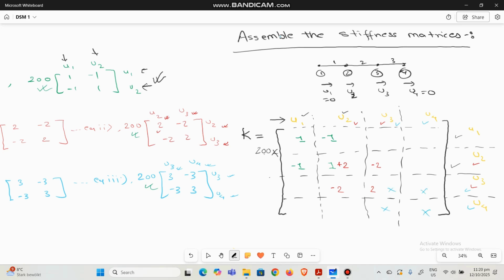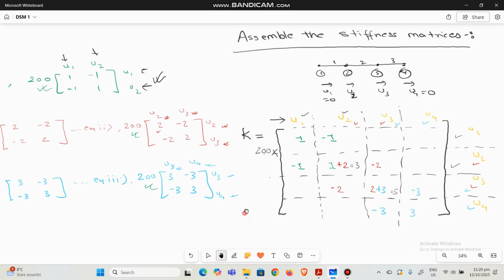Okay, so we just fill up these spaces as they are in their order, like 3 comes here, plus 3, here minus 3, here minus 3, and here 3. Now let's finalize these answers. So 2 plus 1 gives us 3. Here it will be 5. So this leaves us with this answer.